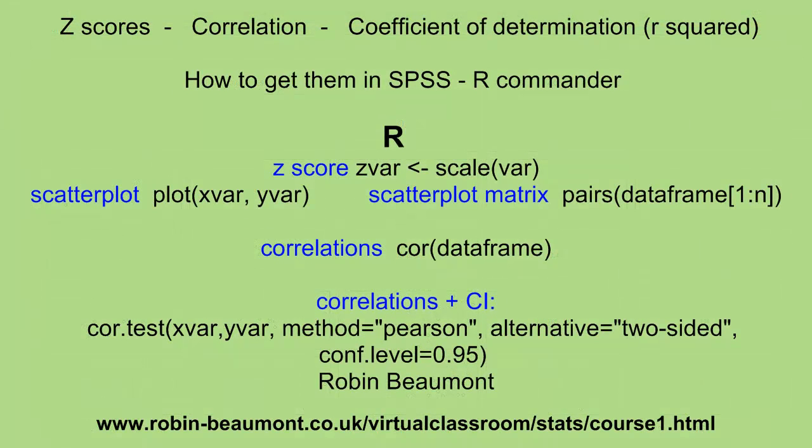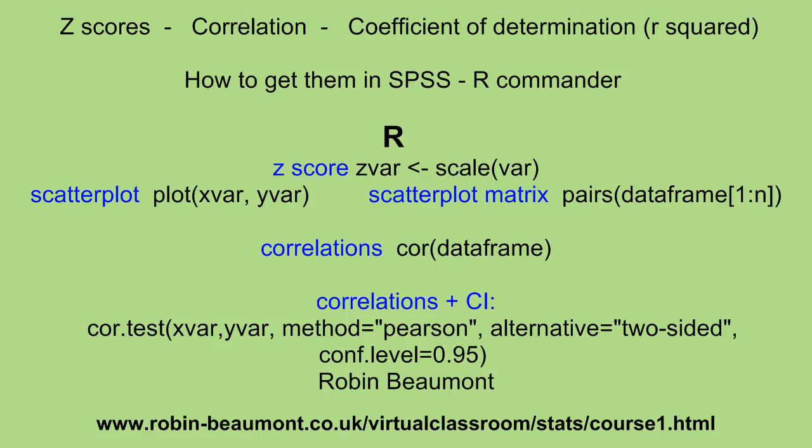So, what have we done? We've looked at how to obtain z-scores, correlations, the associated probability values and confidence intervals of the correlations, and also looked at the more important coefficient of determination as a method of assessing the degree of covariation between the two variables. And we looked at how to do this in SPSS, R and R Commander.